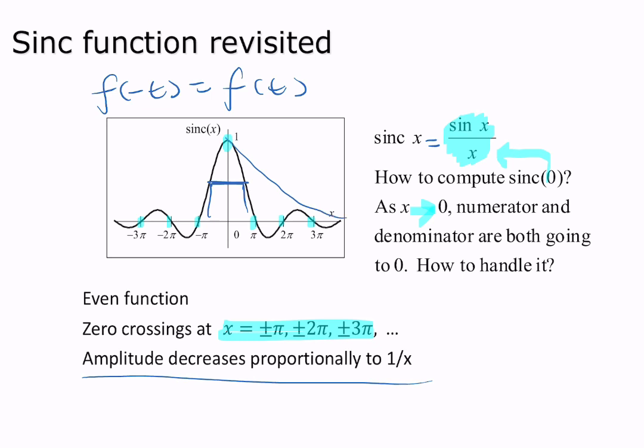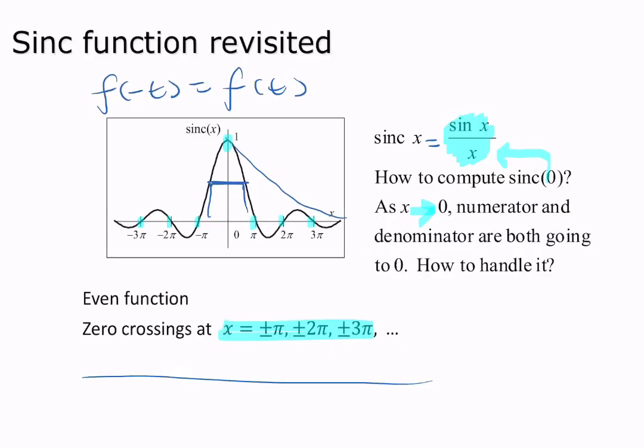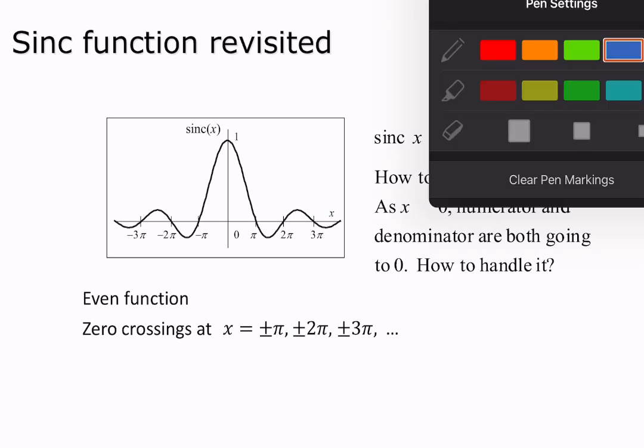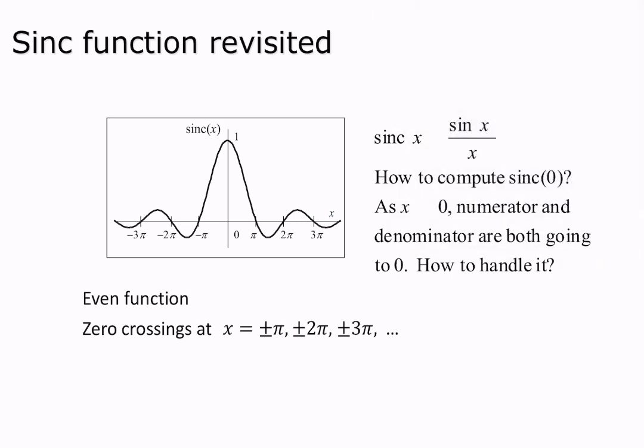Now, even though we mention x here, what we mean is t. Even though this is all defined in terms of x, in our module, because we're dealing with signals, our independent variable, our horizontal axis, is always going to be t, time.